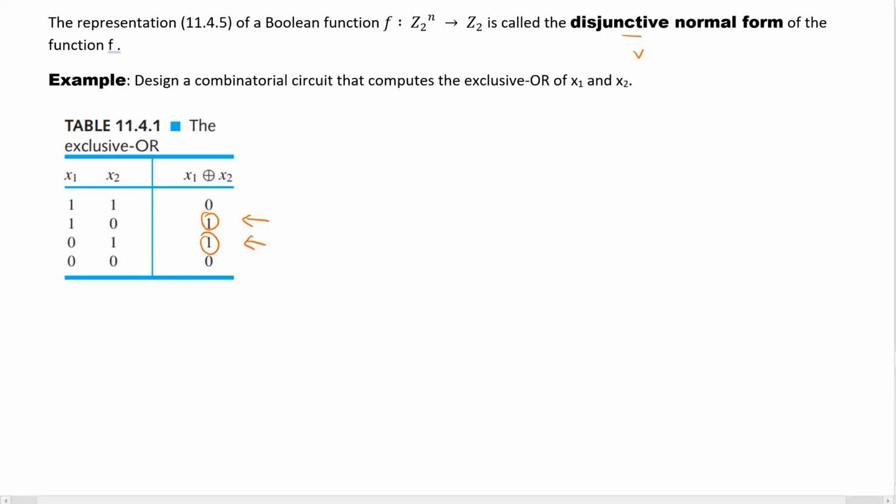In this one, x1 is 1 but x2 is 0, so we have x1 and not x2. In this row, we have not x1 and x2. Finally, we use OR to connect them. So that's x1 and x2 bar, or x1 bar and x2. This is the Boolean expression.